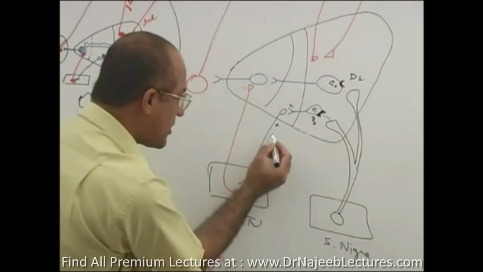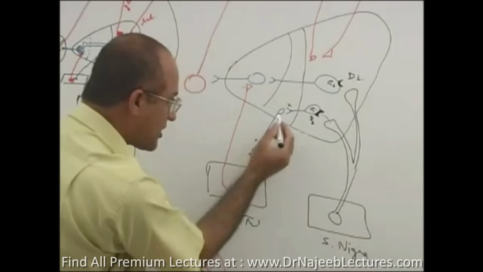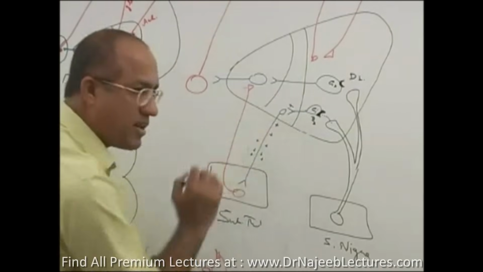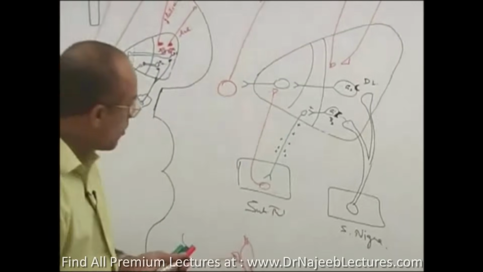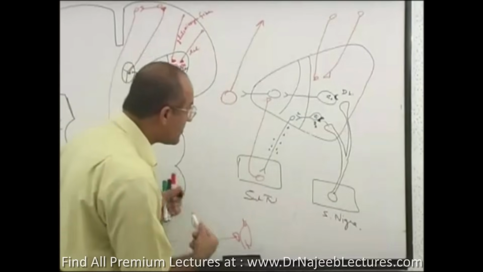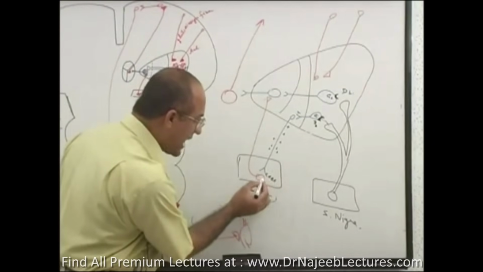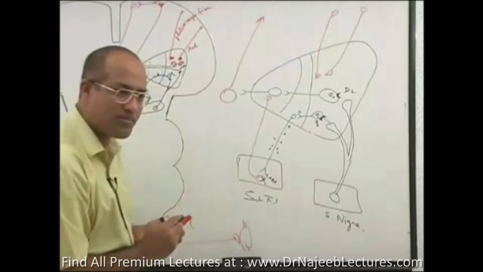So it will become stimulated. Are you understanding? Action potential will start in this neuron because no more GABA is keeping it inhibited. When it is stimulated, it will release a lot of what? GABA here. And this GABA will actually inhibit this neuron.